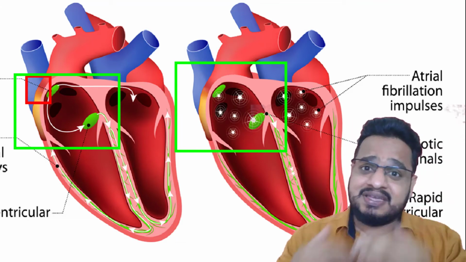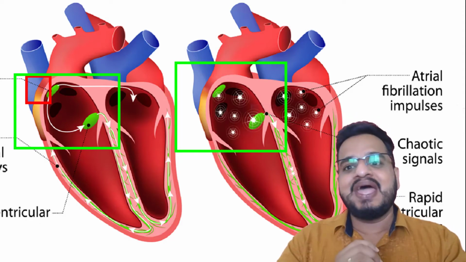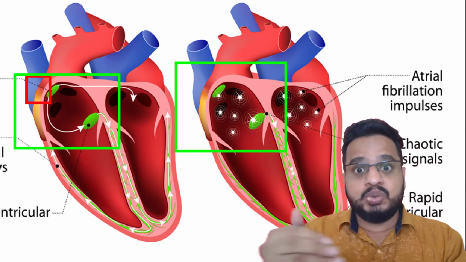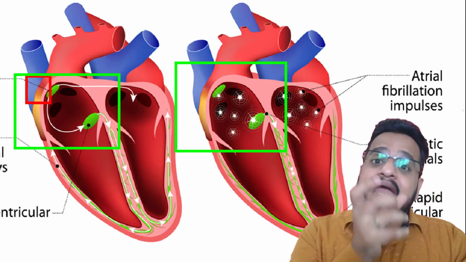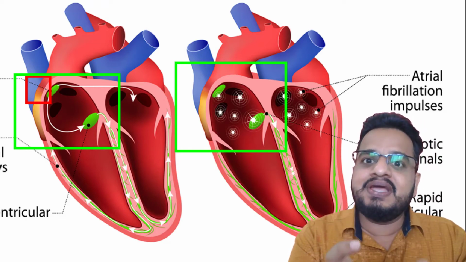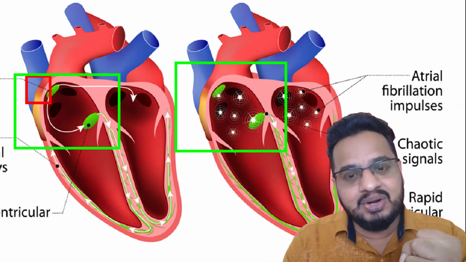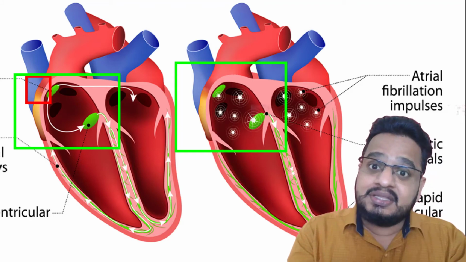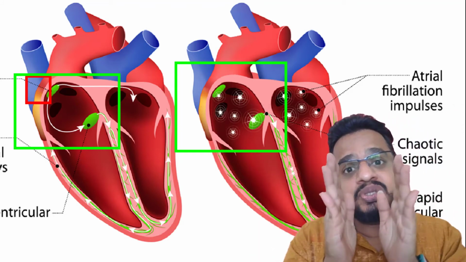Isn't it? So the rhythm actually comprises automaticity, that is the perfect generation of the impulse, conduction, that is the perfect sequence of moving of that impulse, and the third is the refractory period. Understand? I'll show you the PQRS graph, and the time duration between the atrial contraction and the ventricular contraction, and between the ventricular contraction and ventricular relaxation, this time period is also important.